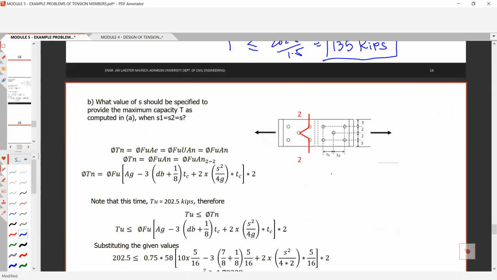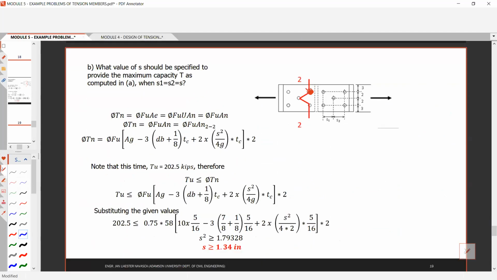Okay, so solving for problem B, what value of S should be satisfied? Since we are considering this line of action, so considering pitch S1 and S2. Again, your fracture is Fu An, whereas your An, we are now considering the line of action section 2-2, this one, An 2-2.